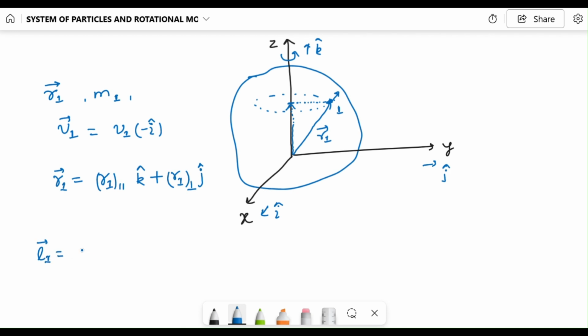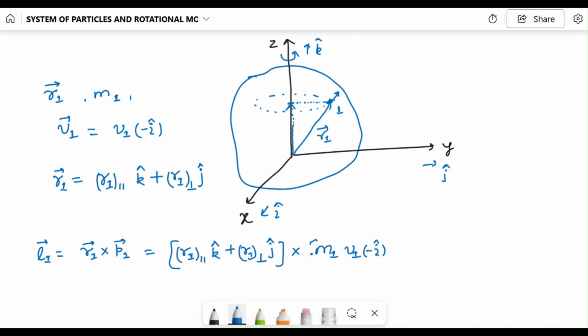So this angular momentum is R1 cross P1, and then we can write R1 in its component form: R1 parallel k cap plus R1 perpendicular j cap, cross P1. P1 is m1 times v1, and v1 is along minus I cap. So this is what we have.